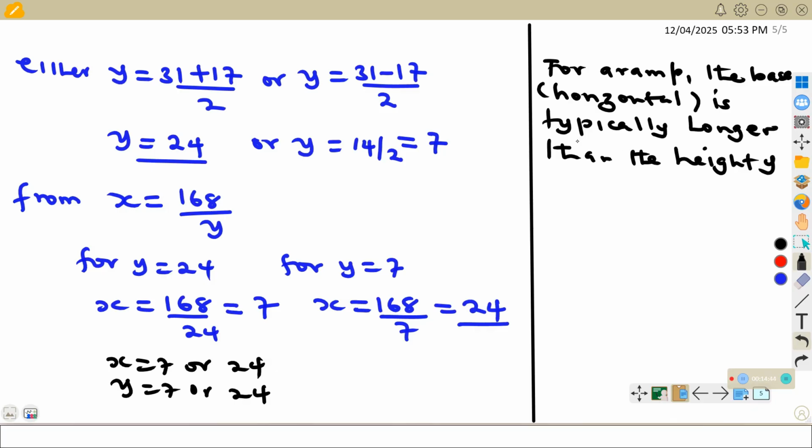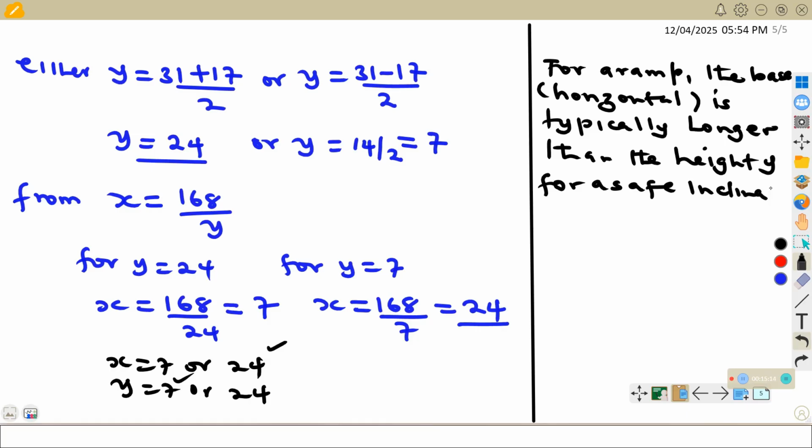And for that case, it means we shall be able to take our x as 24 and our y as 7, because the base should be longer than the height for a safe inclination.